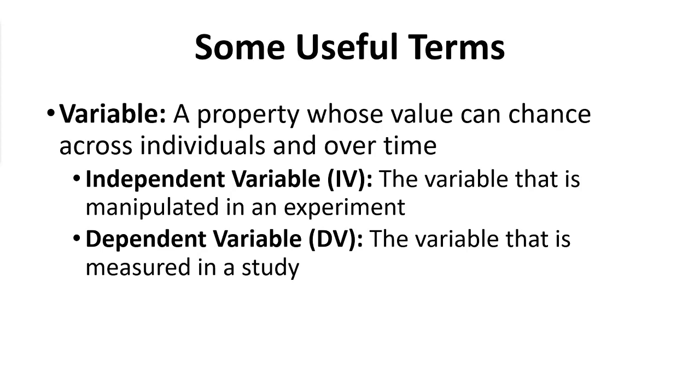We've already talked about a variable being a property or a trait whose value can change across individuals and over time, but we're going to go a little bit further when talking about experiments and talk about independent and dependent variables. So our independent variable, sometimes shortened to IV, is the variable that we're manipulating in an experiment.